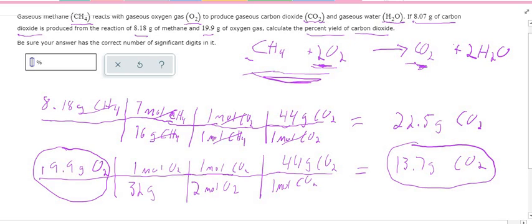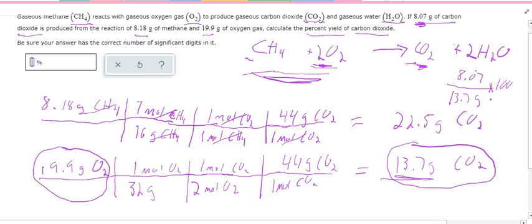Well, in the lab it says that we collected 8.07 grams, and so I'll do my percent yield up here. So percent yield equals the actual yield, the 8.07, divided by the theoretical yield, which is right here, 13.7 grams, times 100 to get that into percent.